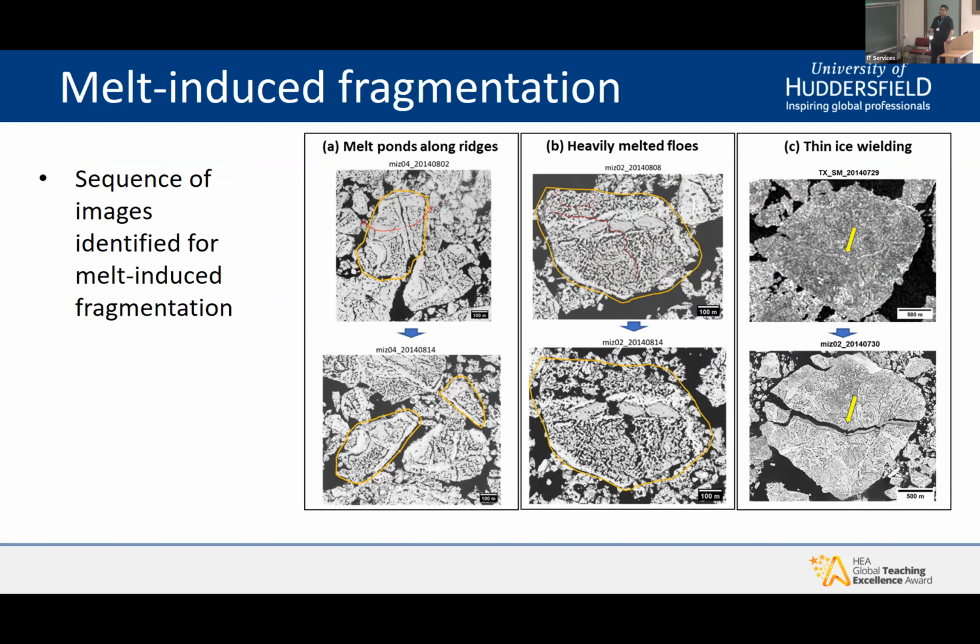In this case, along the ridge a melt pond developed, and then suddenly, I don't know when it happened, but within about 10 days, it broke in two in this way. And in this case there was a network of melt ponds developed, and you can see the red lines here, and how these particular floes are breaking up.